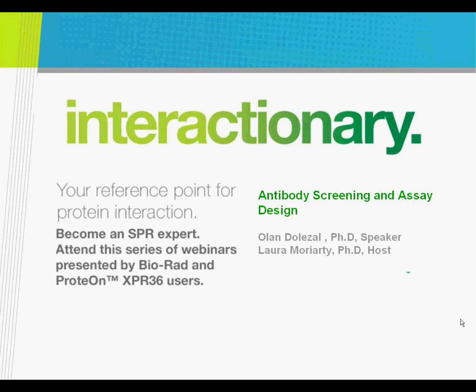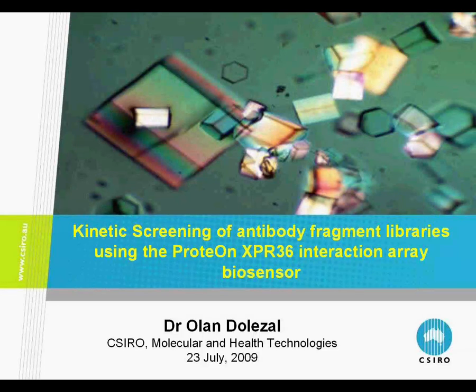In this talk, I would like to address these 5 points. First of all, I will introduce our facility, our laboratory at CSIRO. Then secondly, Laura has asked me to do a brief overview of the SPR technology and how it is used to measure biomolecular interactions. So hopefully it's not going to be too boring for some of you experts.